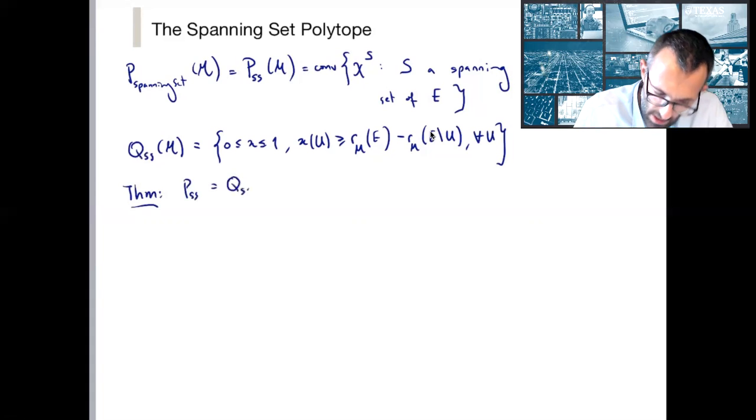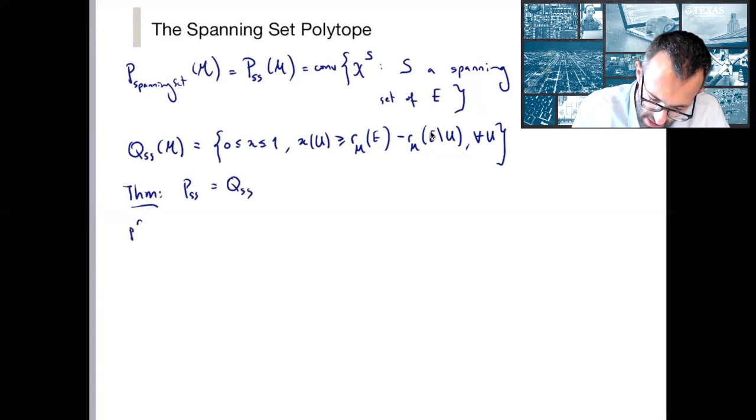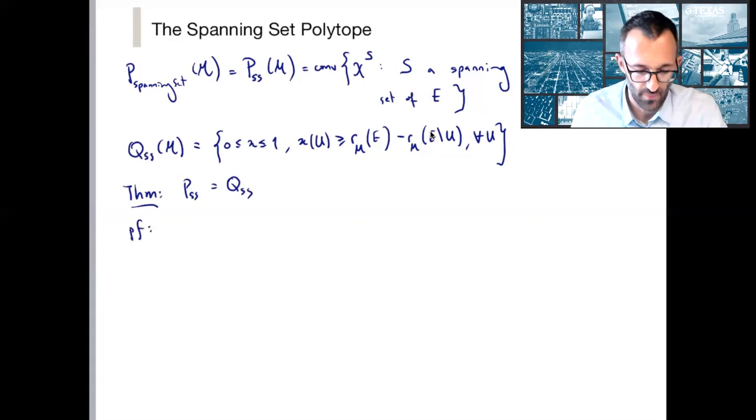P_SS equals Q_SS, and again, it's easy to show one direction of this containment. So we're going to show the reverse.